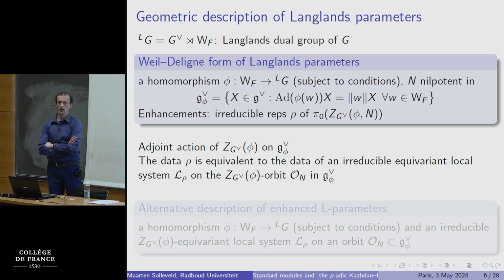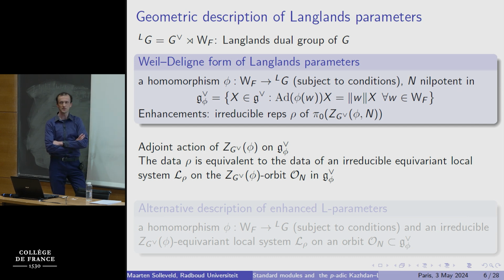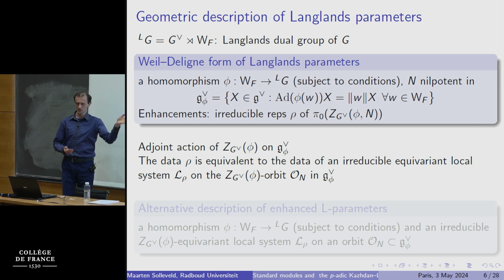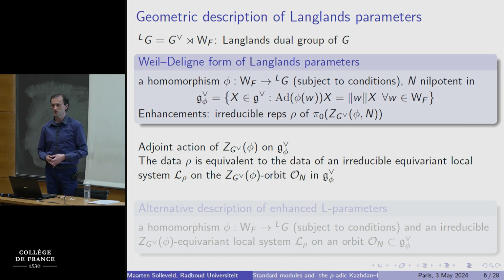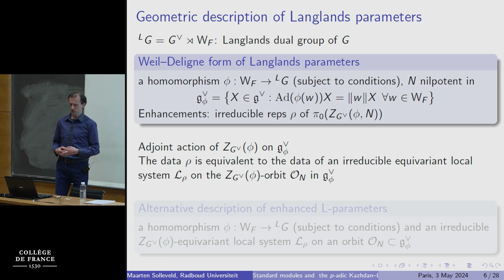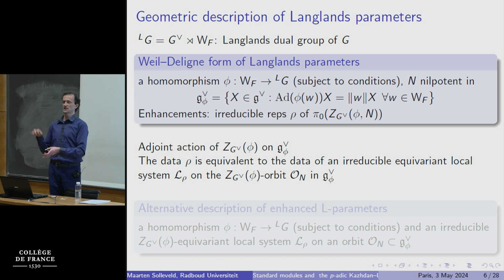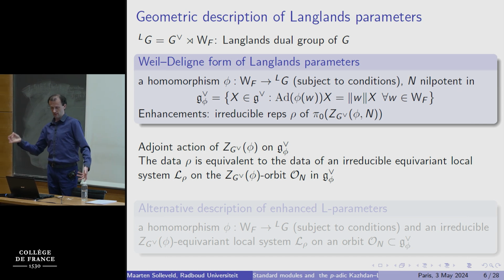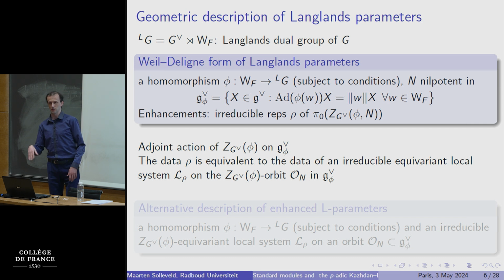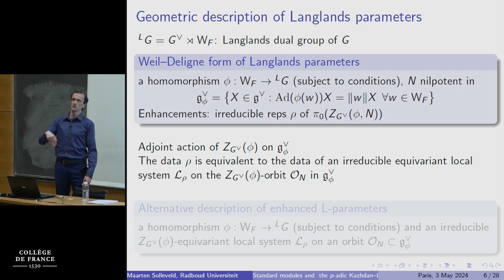Now you can translate the data which you get from a Langlands parameter plus an enhancement of this Langlands parameter into a more geometric fashion. An enhancement here would be an irreducible representation of a suitable finite group, which occurs as the component group of the centralizer of this entire Langlands parameter. This is a representation of a finite group associated to one nilpotent element of this vector space, and from this representation on one point of this nilpotent vector space, you build a local system on an orbit for this group which acts on the vector space.